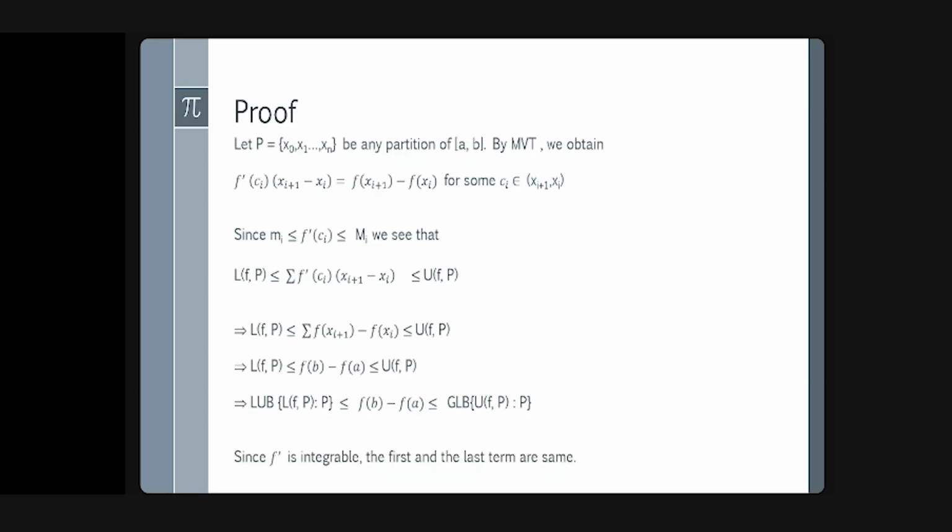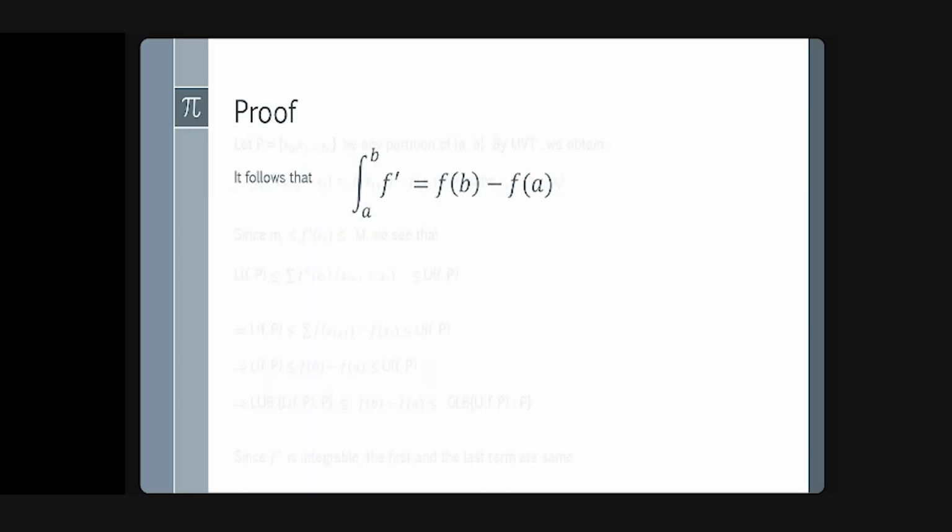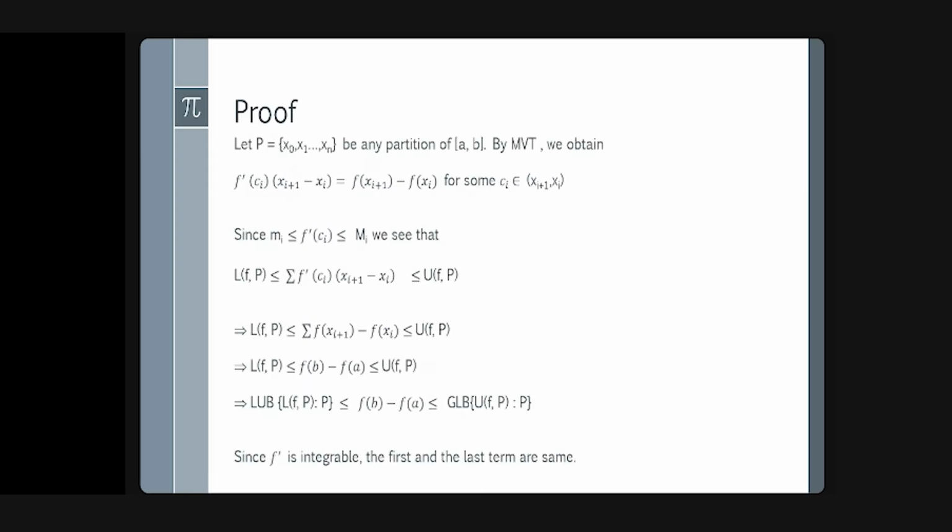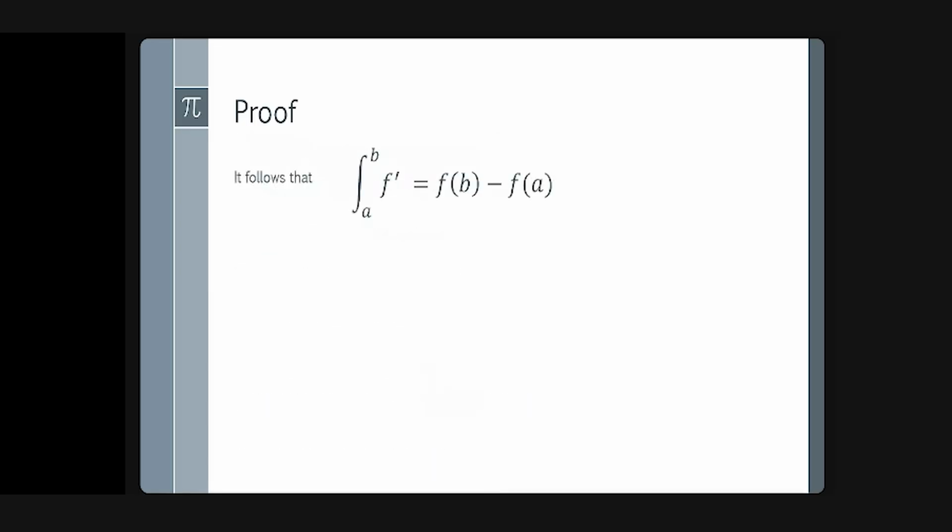Since f dash is integrable, the first and the last term are the same, right? Then it follows directly that the middle term will also be the same. Hence, the integral of f dash from a to b is the same as f(b) minus f(a).